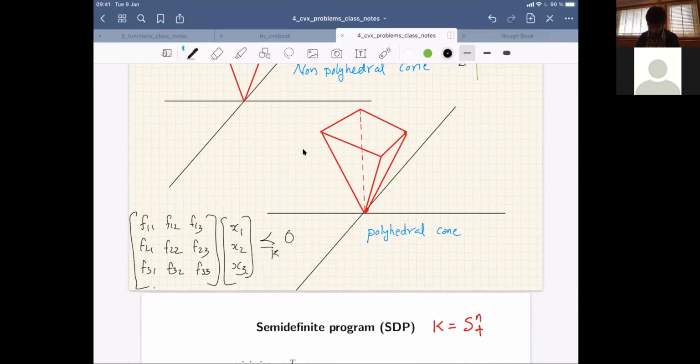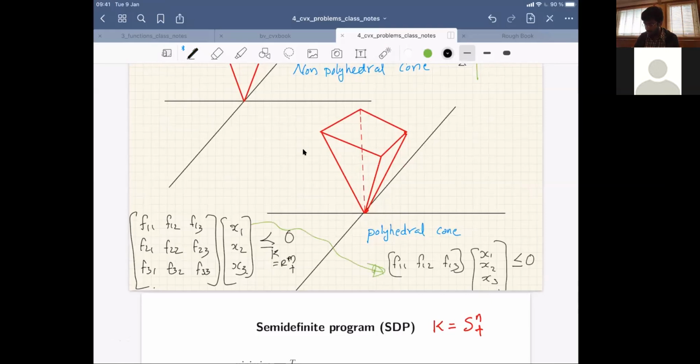Now when K equals R m plus, this will be a component wise inequality. For example, the first row of this will be f11, f12, f13 times x1, x2, x3 less than or equal to 0.